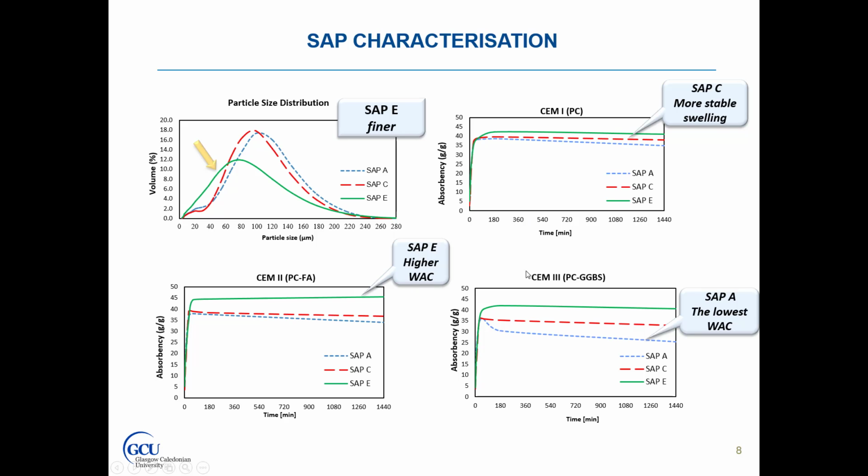As you can see in these three figures, SAP E had the highest absorption capacity, while the lowest water absorption was recorded for SAP A, and a more stable swelling behavior in cement filtrate solutions was observed for SAP C.